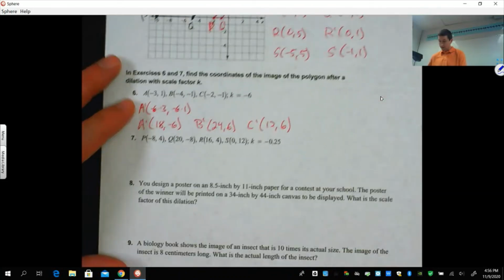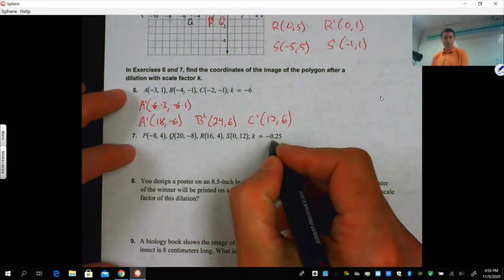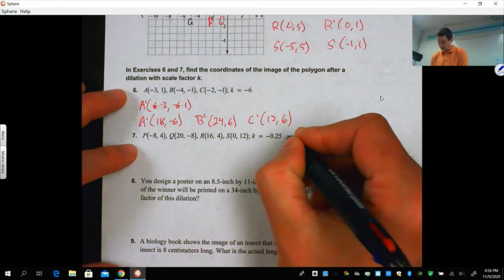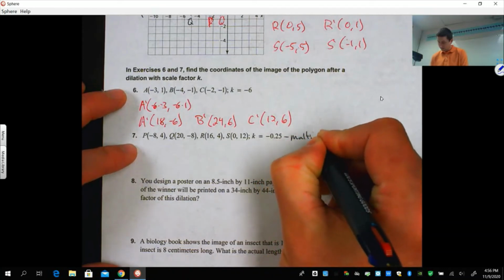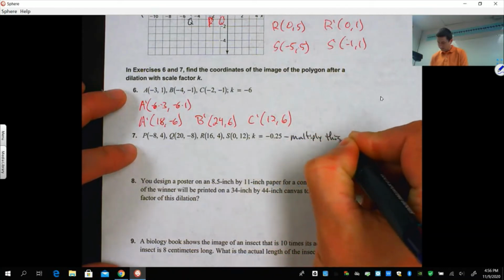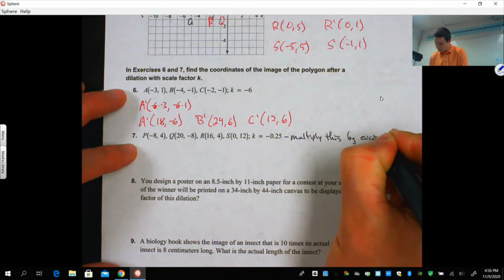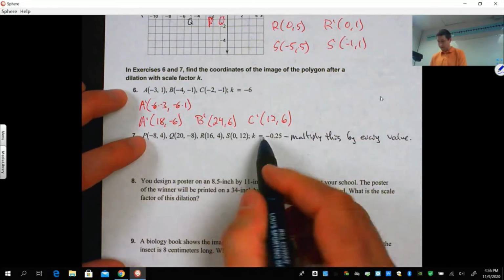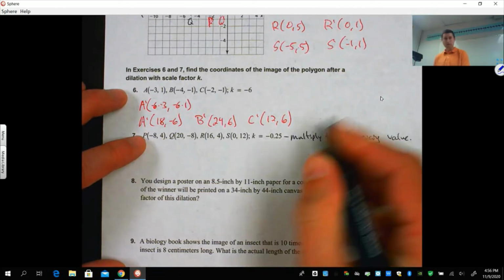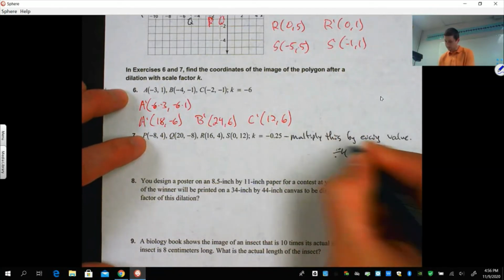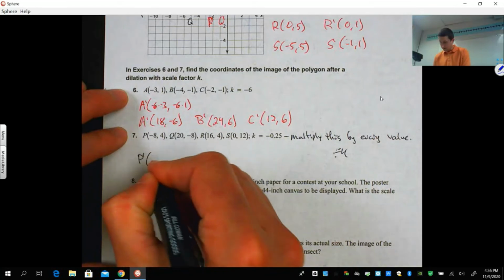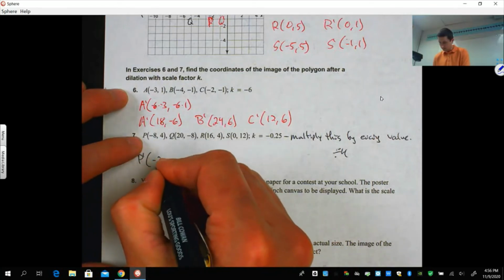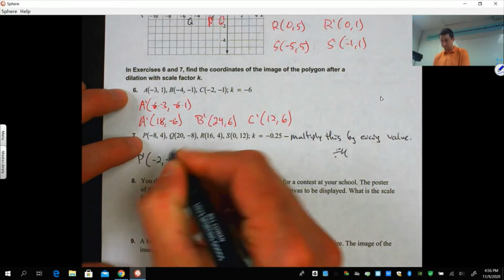But for these questions, all you have to do is take negative 0.25 in this case and multiply this by every value. So you're dividing by 4 when you're dividing by negative 4. So P prime would be negative 2, negative 1, divided by 4.